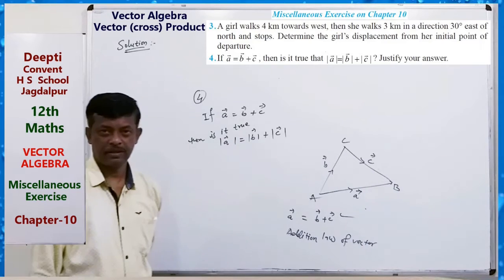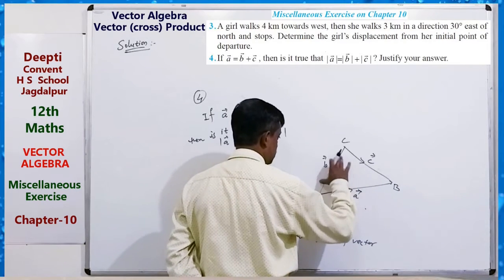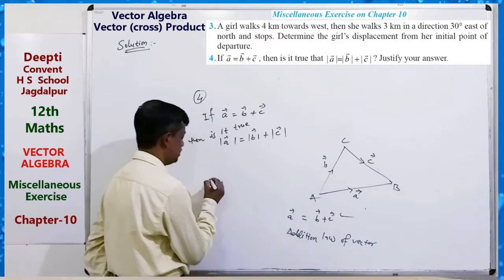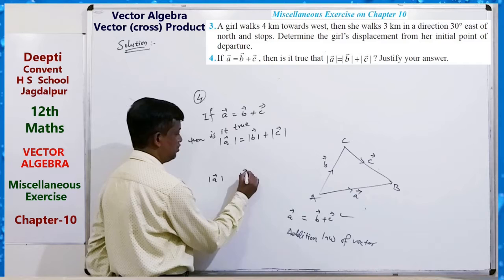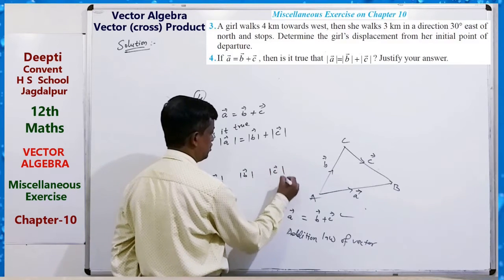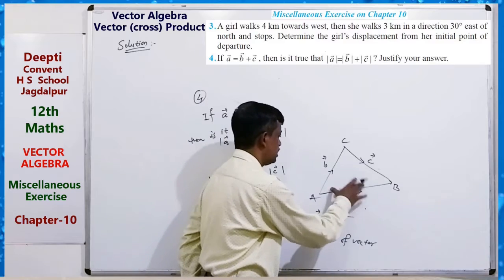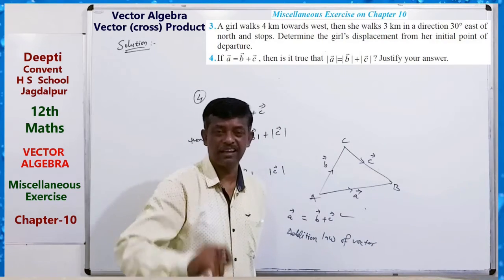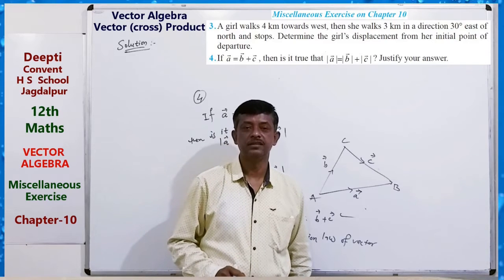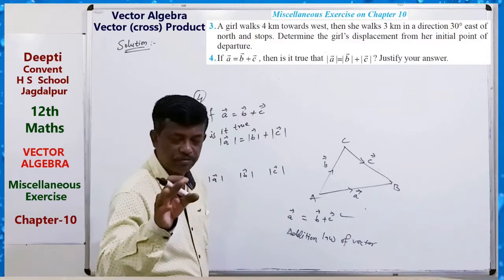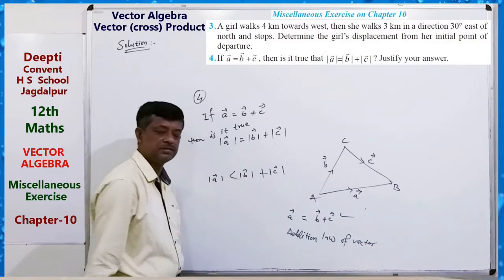Okay. Now, if we take the modulus of these vectors, mod A, mod B, mod C gives the magnitude of each side, and in a triangle we know that the sum of any two sides is greater than the other side. So the sum of these two is greater than this.